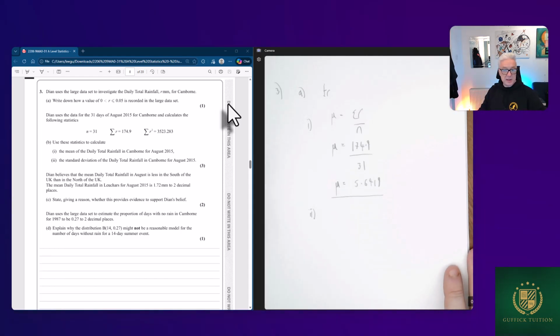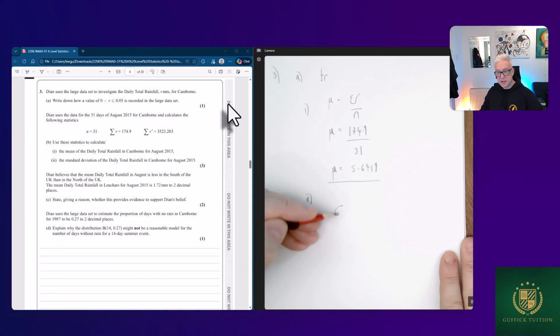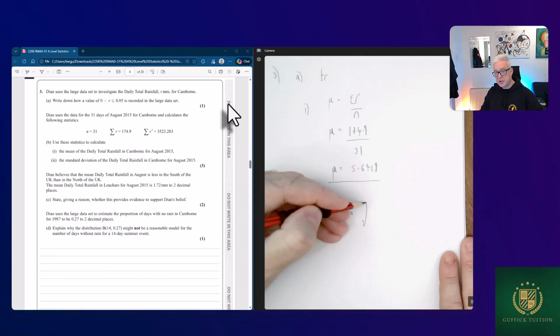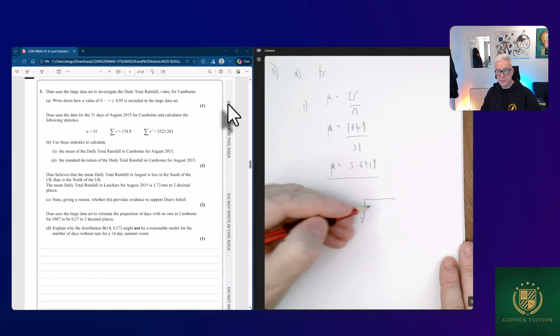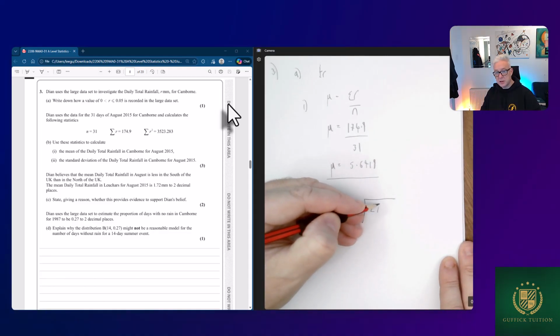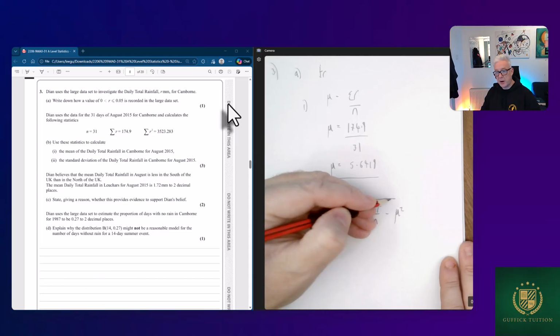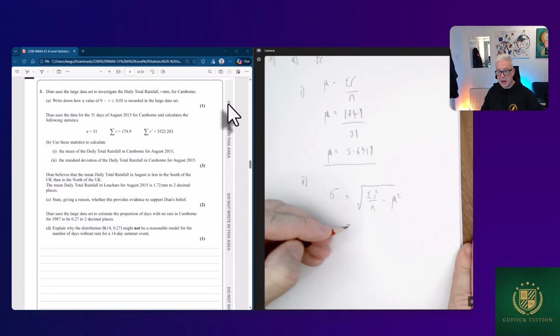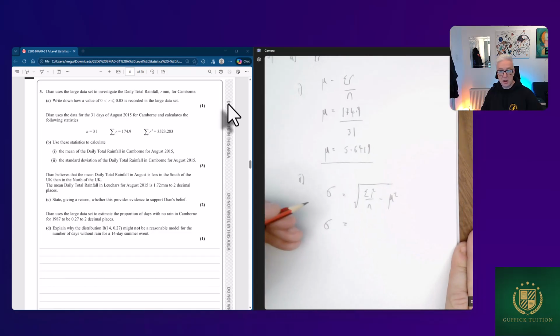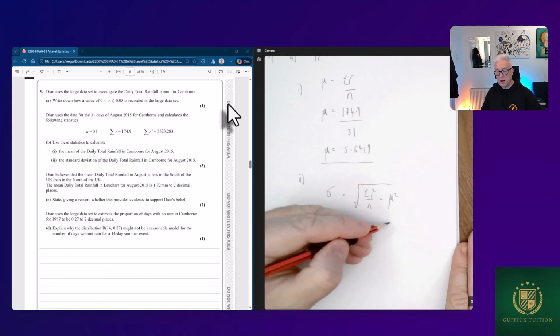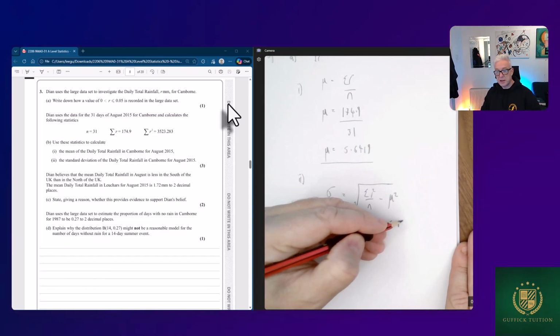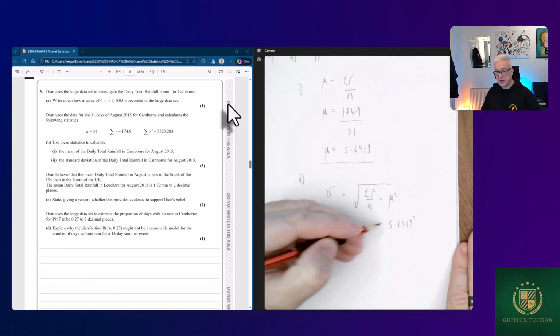Find the standard deviation. So standard deviation, sigma, is the square root of the mean of the squares minus the square of the mean. So it's sigma R squared over n minus the mean squared. Now, we found out that the mean, just a moment ago, was 5.6419. So we're going to have 5.6419 squared there.